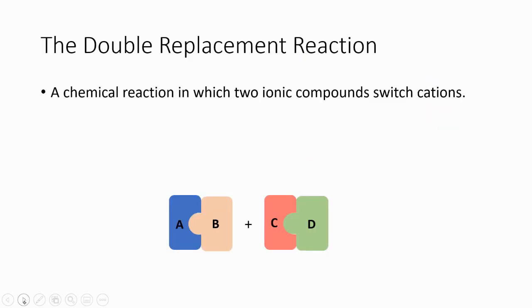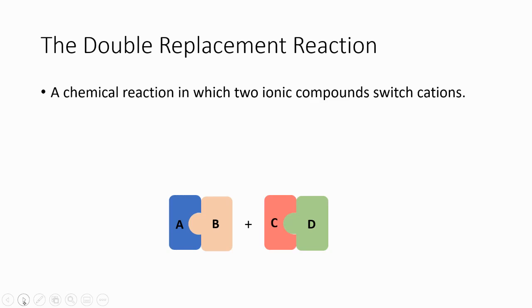So, the double replacement reaction is the one where we have two ionic compounds. So, in this case, we have AB and CD. And in this type of reaction, both of the cations are going to change places. So remember, in the single replacement reaction, we had a single metal and a compound.